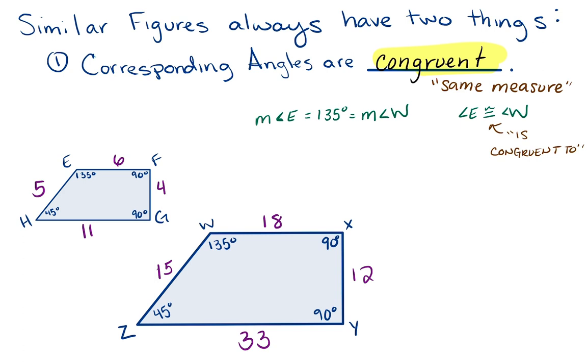I have to be able to do this for all of the angles in my diagram. I've matched up E and W. I need to match up F, G, and H as well.